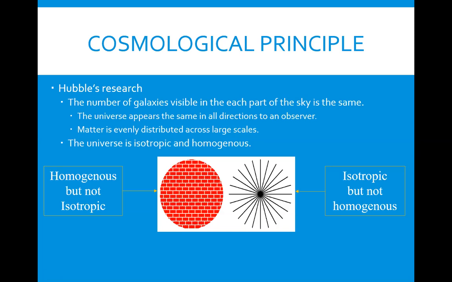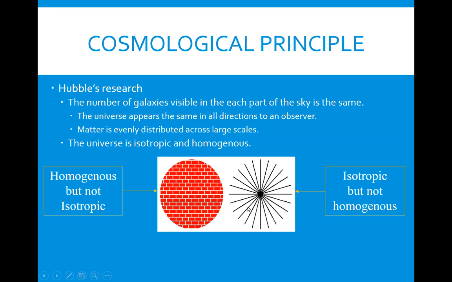So to understand the differences, let me start off with the right and then work my way to the left. When we say that something is isotropic but not homogeneous, isotropic means that if you start from the center and move away in a single direction, then what you're looking for, in this case matter, is the same in that one direction. So that's what isotropic means.